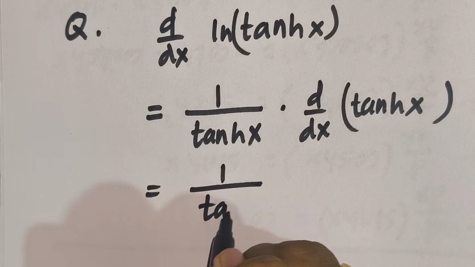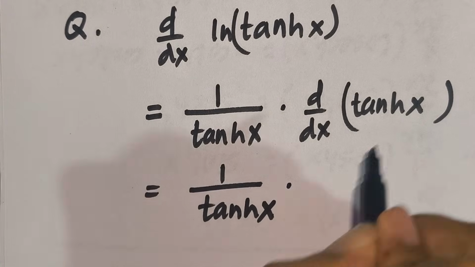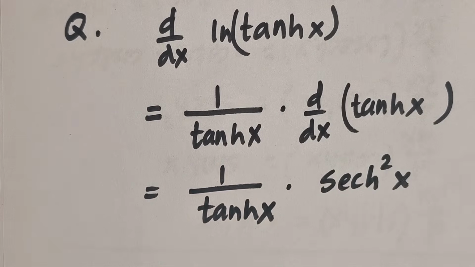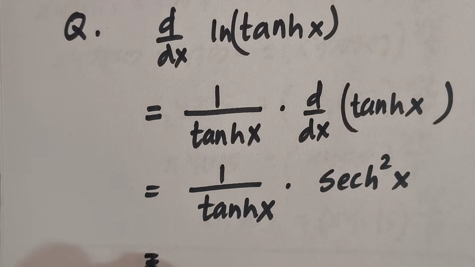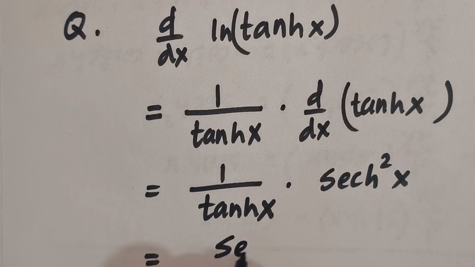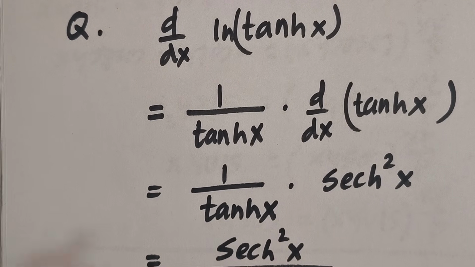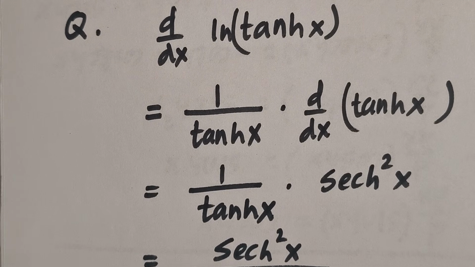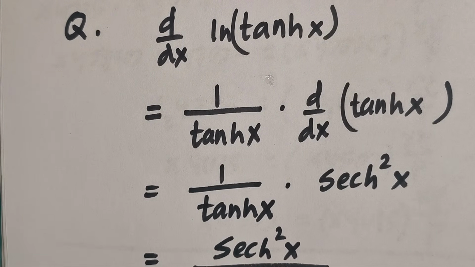So this is 1 over hyperbolic tangent times, what is this derivative? We have seen this is hyperbolic secant square. You may simplify further, or you may only write hyperbolic secant square over hyperbolic tangent. So the derivative of this function is this one.